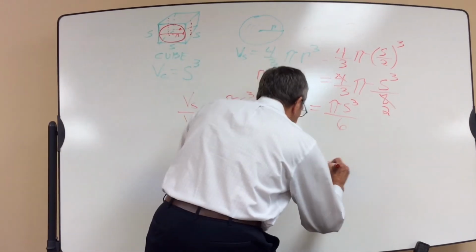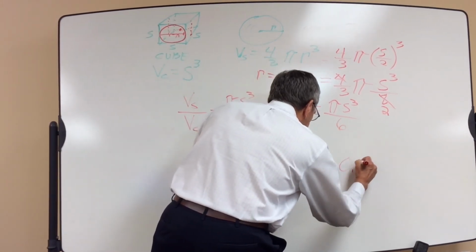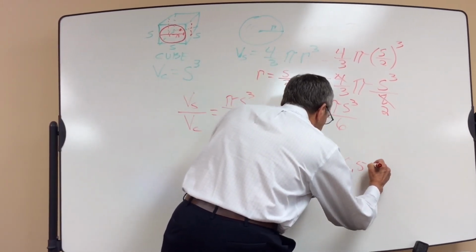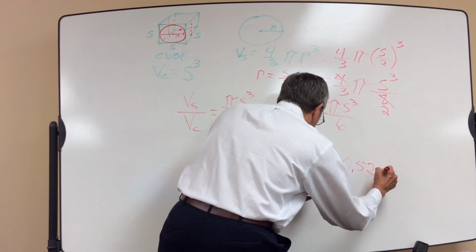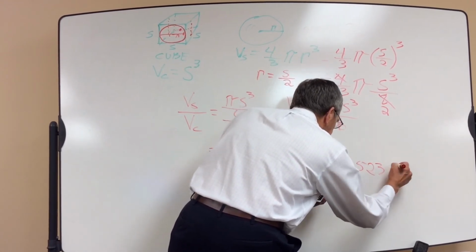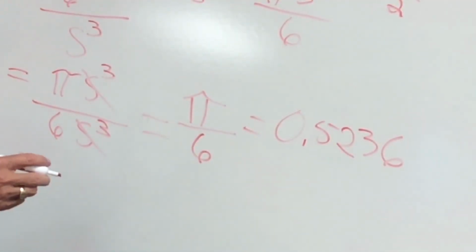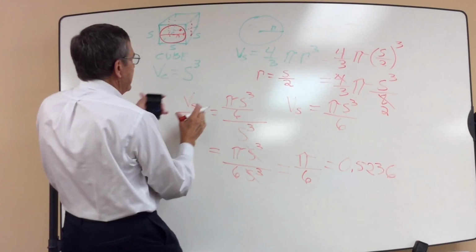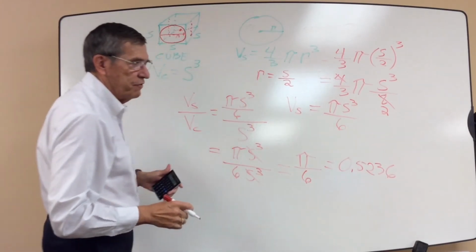And that decimal is 0.5236, rounded off. Okay? So about 52.33%, a bit over half, of the volume of the cube is taken up by the volume of the sphere.